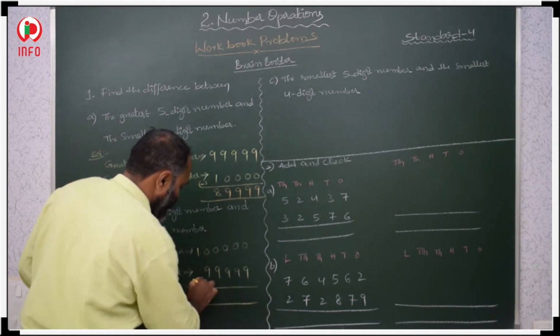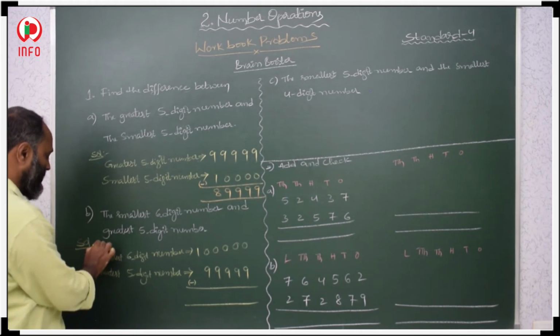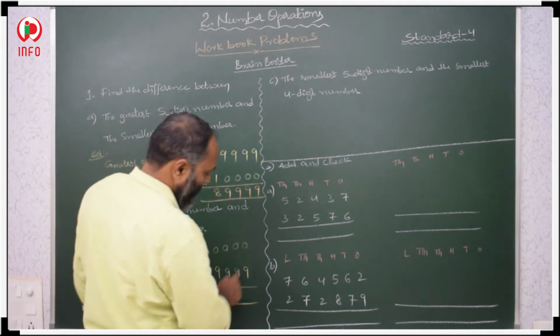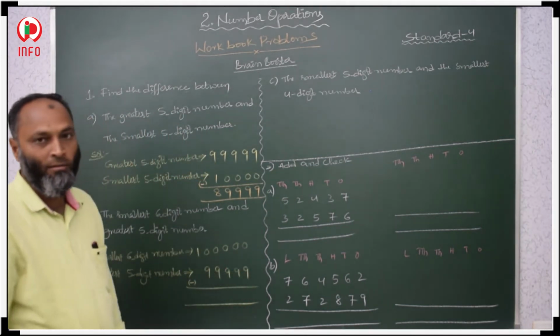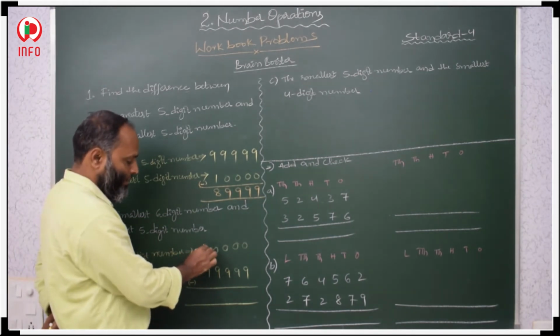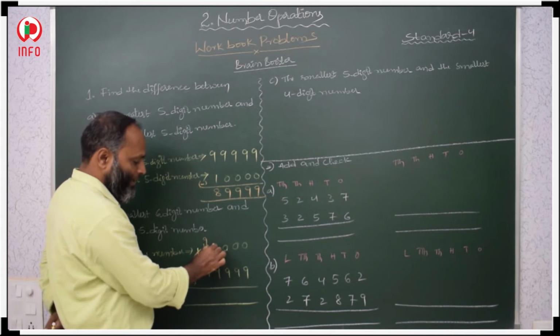Now we have to find the difference. 0 minus 1, not possible. First we have to borrow from here, so here it will become 10. And again borrowing from here it will become 9, here it will become 10.